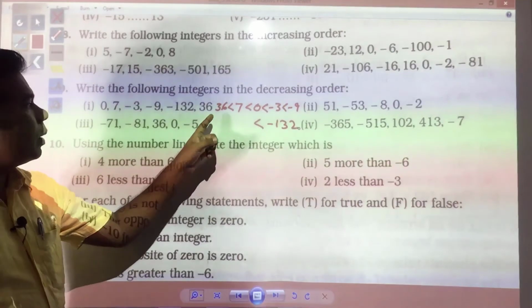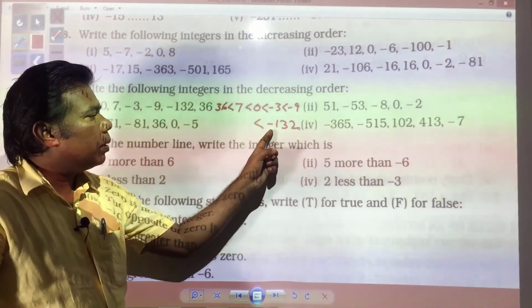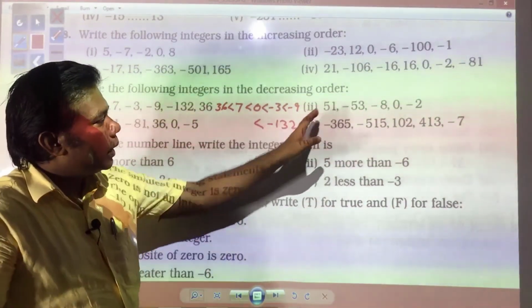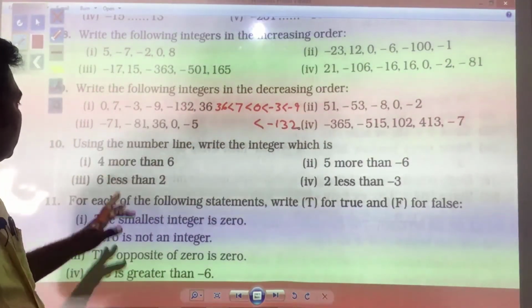So, the greatest number is 36 and the smallest number is minus 132. Here you see the greatest number is 36, after this 7, then 0, then minus 3, then minus 9 and then minus 132. So, in the same way other questions are required to be solved.